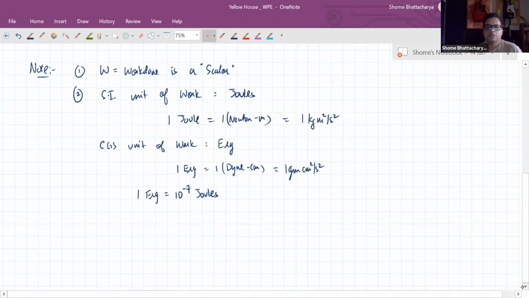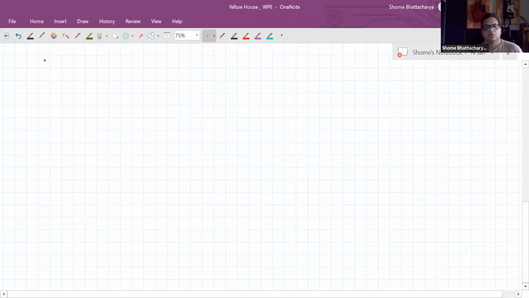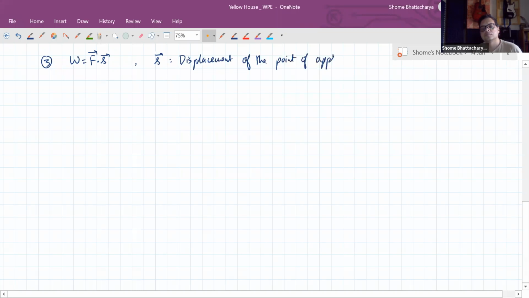Now let's come back to the point of the displacement in the definition, S being the displacement of the point of application of the force.